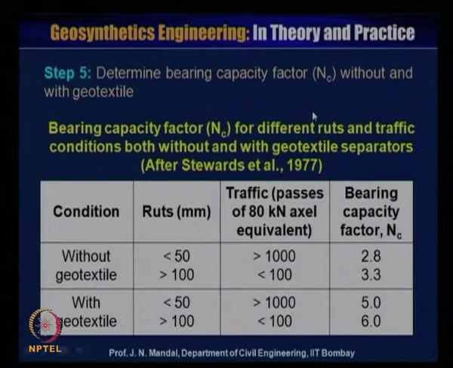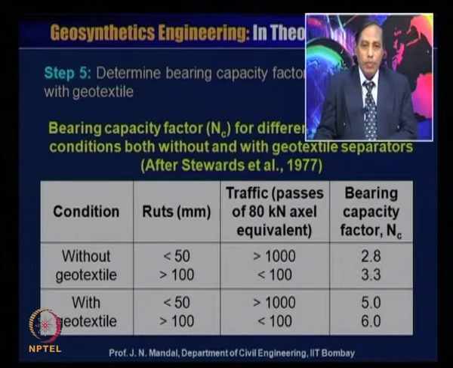Step 5, determine the bearing capacity factor Nc without and with geotextile material. The bearing capacity factor Nc for different rut and traffic conditions, both without and with geotextile separator, is given by Stewart et al. 1977. Here we are talking about the rut. Without geotextile, if the rut is less than 50 millimeter and traffic is greater than 1000, then the bearing capacity factor Nc is equal to 2.8.